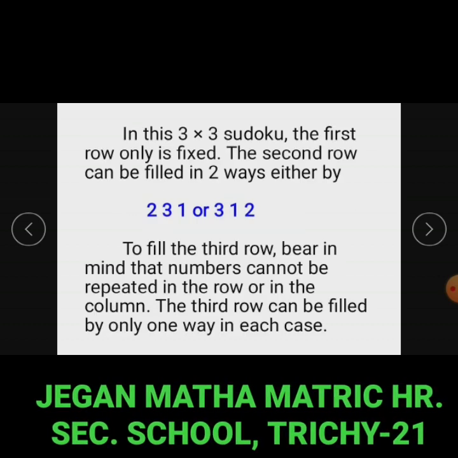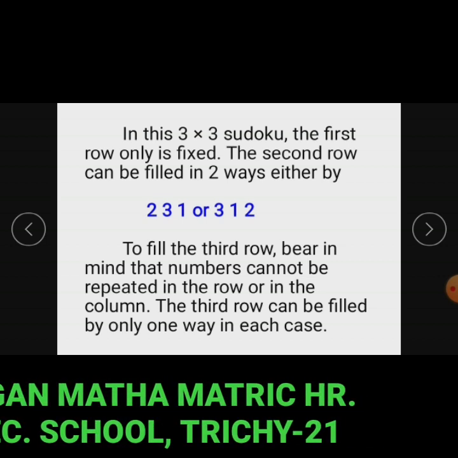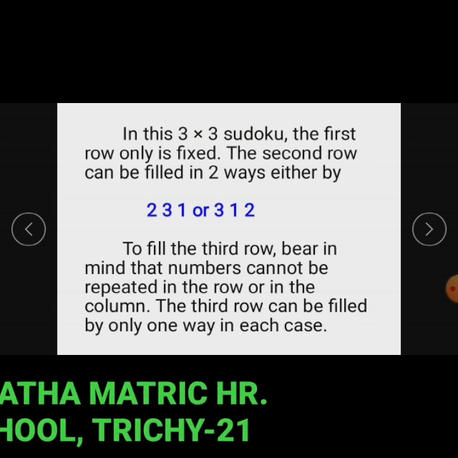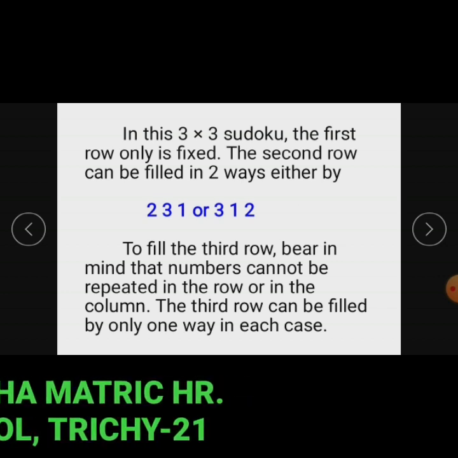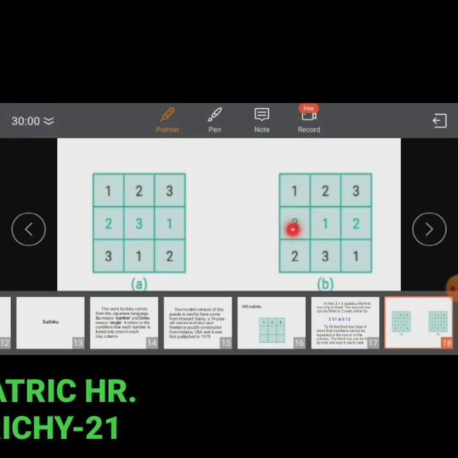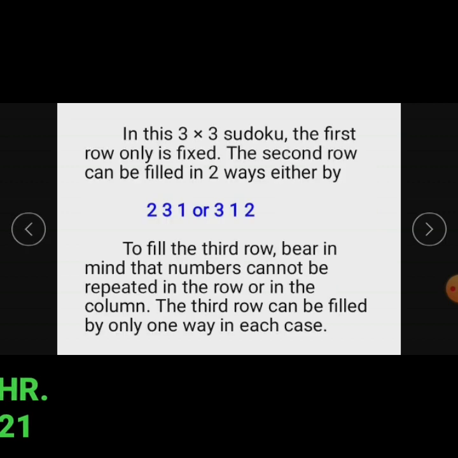In this 3 by 3 Sudoku, only the first row is fixed. The second row can be filled in two ways, either by 2, 3, 1 or 3, 1, 2. To fill the third row, bear in mind that numbers cannot be repeated in the row or in the column.